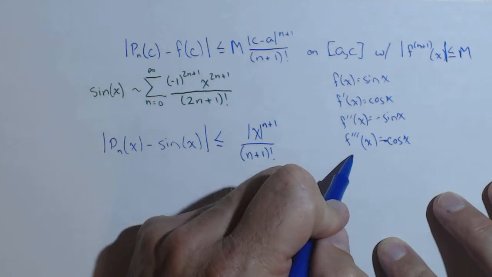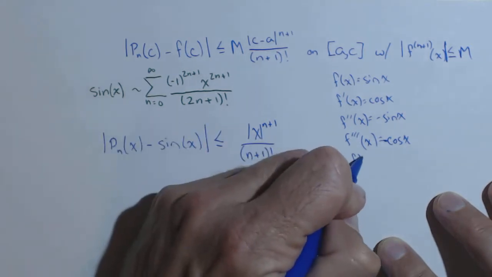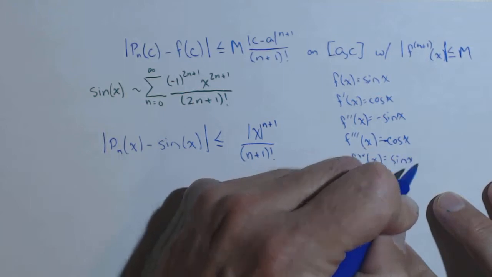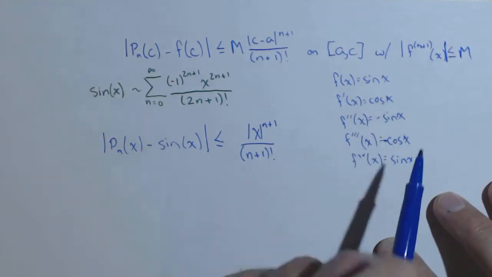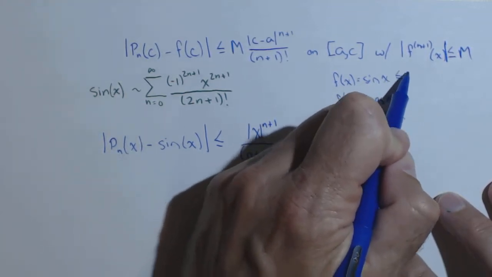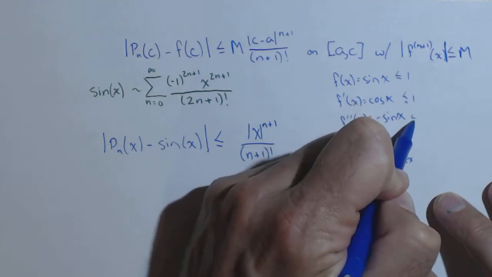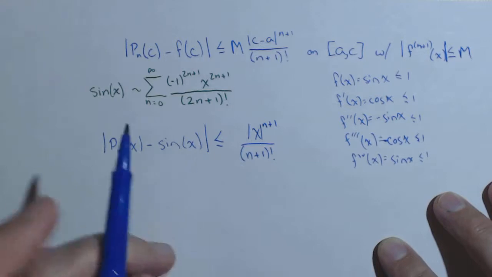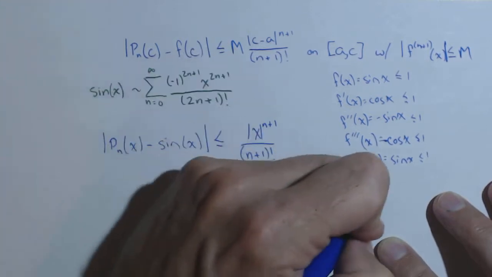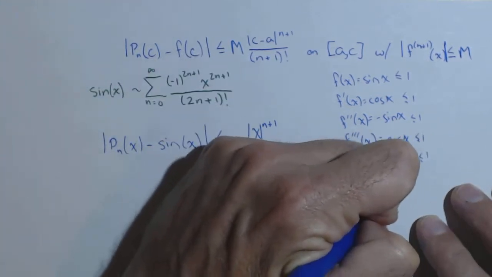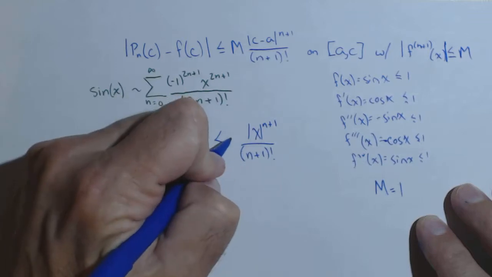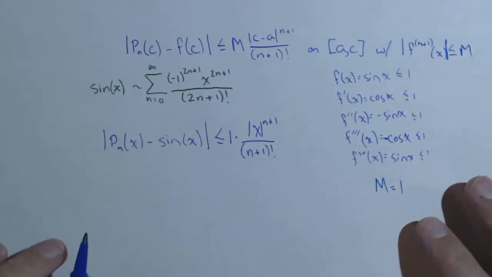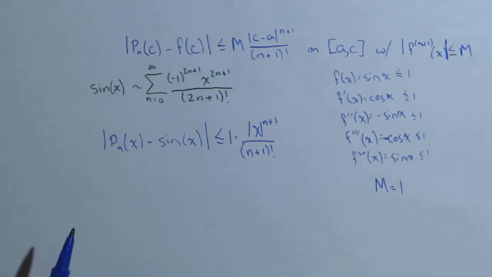And then we're going to start this cycle again. The fourth derivative is going back to being sine x. Now, because of this nature, all of these are less than or equal to 1 on the domain of all reals. What that's going to do is allow me to choose M to be 1. So I'm just going to put in a 1 there for M, which greatly simplifies this.